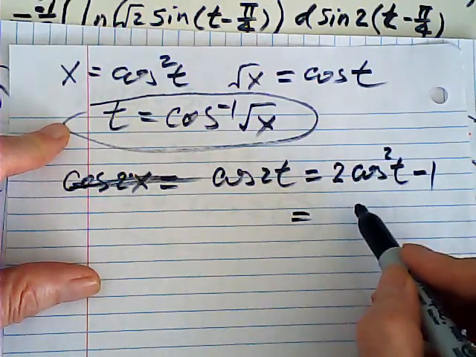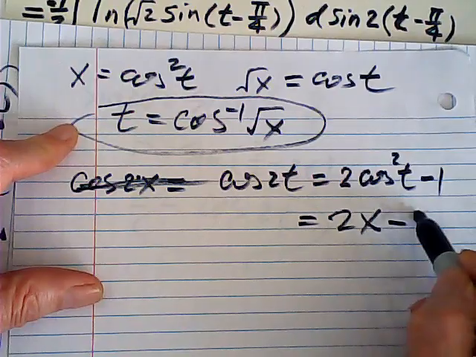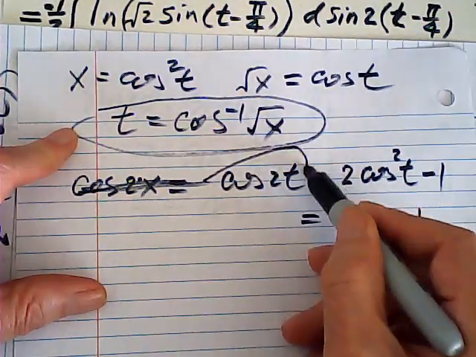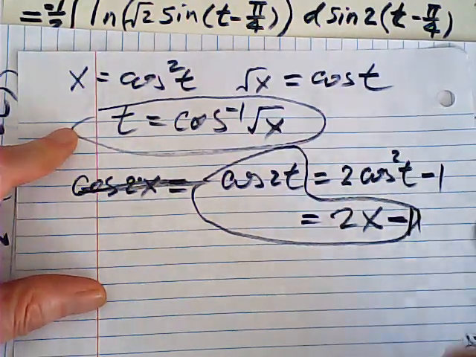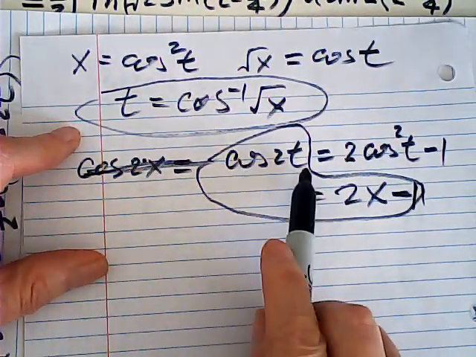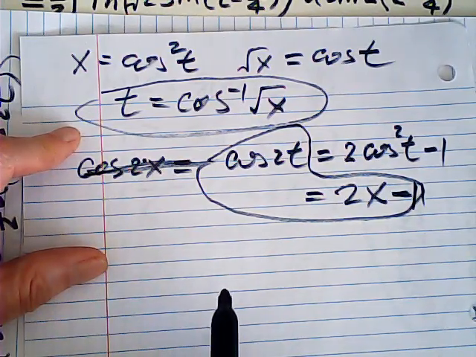Therefore, this one is equal to 2x minus 1. So that is another important conversion. Cosine 2t is 2x minus 1.